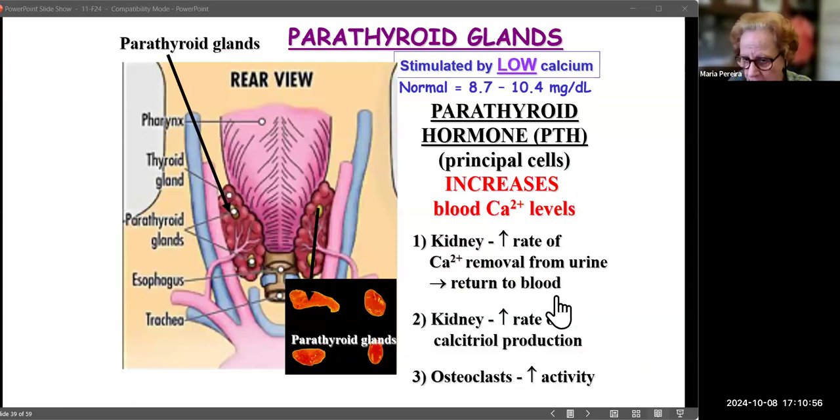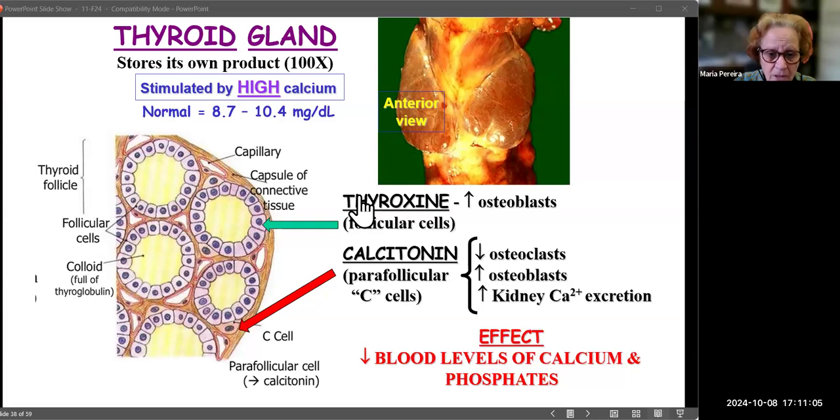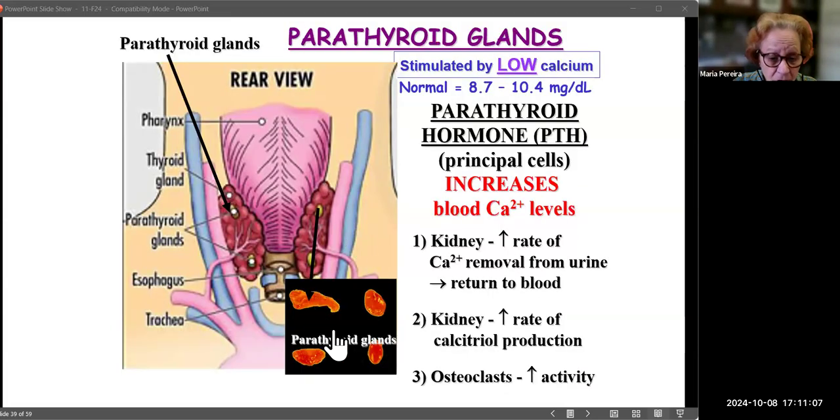What about the parathyroid? The parathyroid is very, very important to maintain calcium levels. It's more important than the thyroid. The parathyroid glands, there are 4 of them, so 2 pairs, and they are behind the thyroid. What they produce is a hormone known as PTH, or parathyroid hormone.